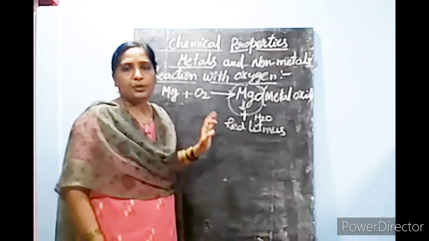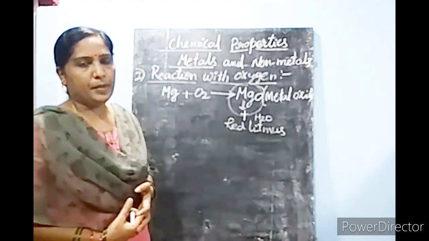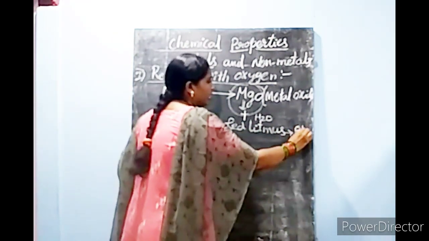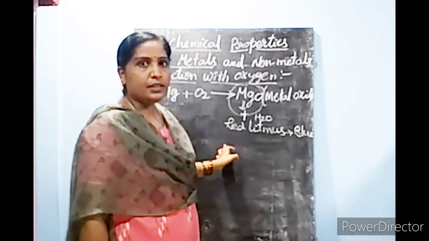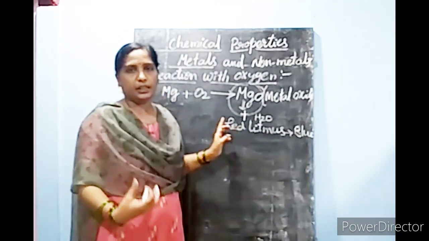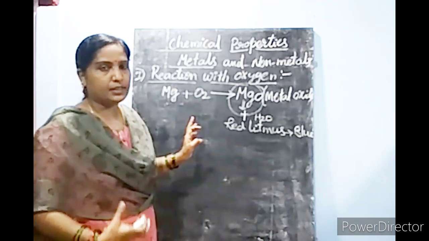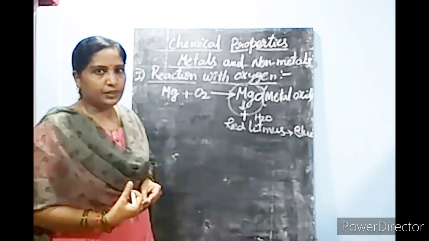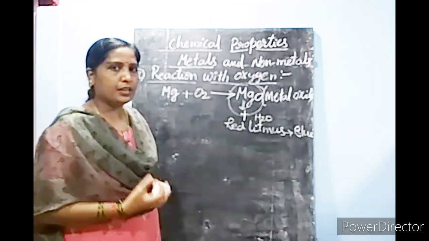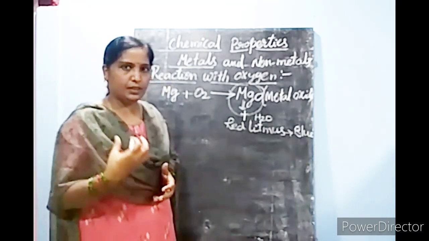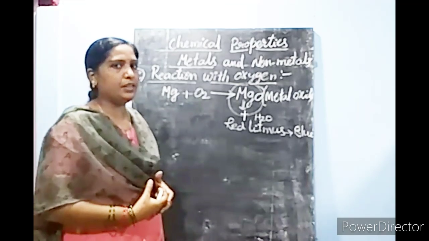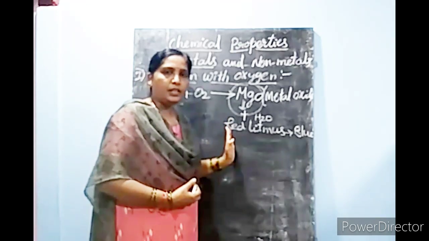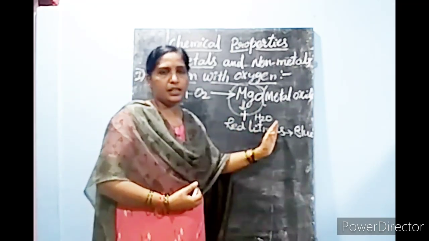And when you test with red and blue litmus papers, the red litmus paper will turn blue. You learned in class 7 about acids, bases and indicators, natural indicators like phenolphthalein and litmus papers, and how we use them to identify whether the given thing is acid or base, you know. Same way, the red litmus is turning blue.